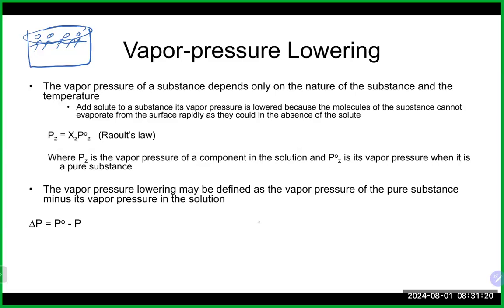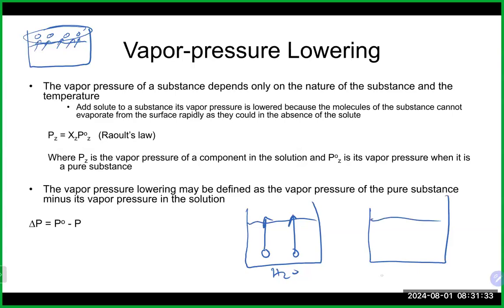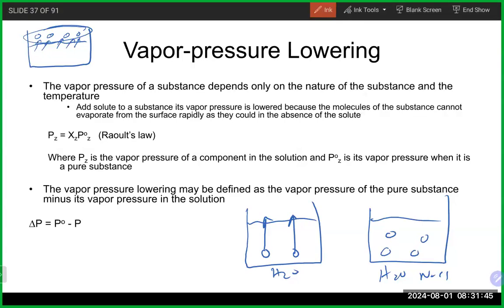So it goes back to what I drew a second ago. In pure water, water molecules have a clear path to escape. In a solution where you have something dissolved, these water molecules run into roadblocks along the way as they are trying to boil and escape the solution.